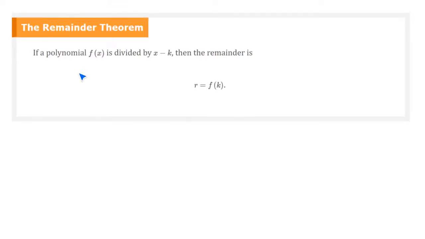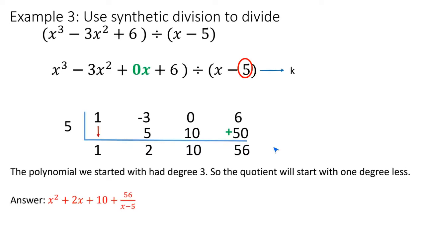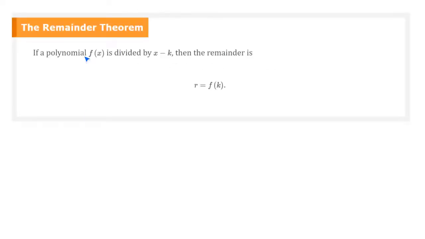Okay, so let's look at another little thing here, the remainder theorem. Remember in the previous examples, this is the remainder. And this is just a way to find the remainder. It says if a polynomial f of x is divided by x minus k, then the remainder can be found by f of k.